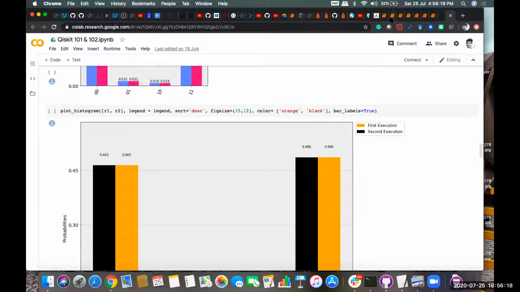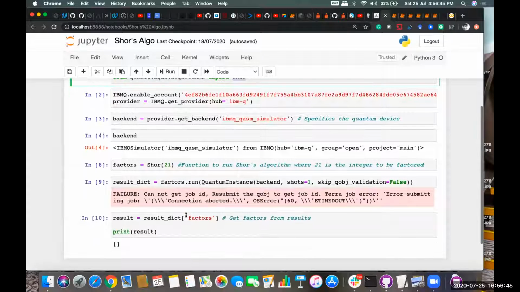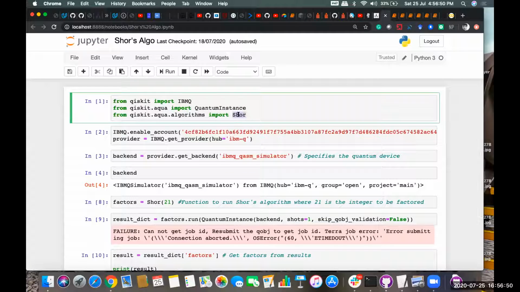Now, from the previous session, I started with Shor's algorithm, and we had a look at what the steps involved in Shor's algorithm are, how we calculate the factors of a given number, and we ran this code and saw how we can do the factorization using the already implemented Shor algorithm, which is available in Qiskit Aqua here.